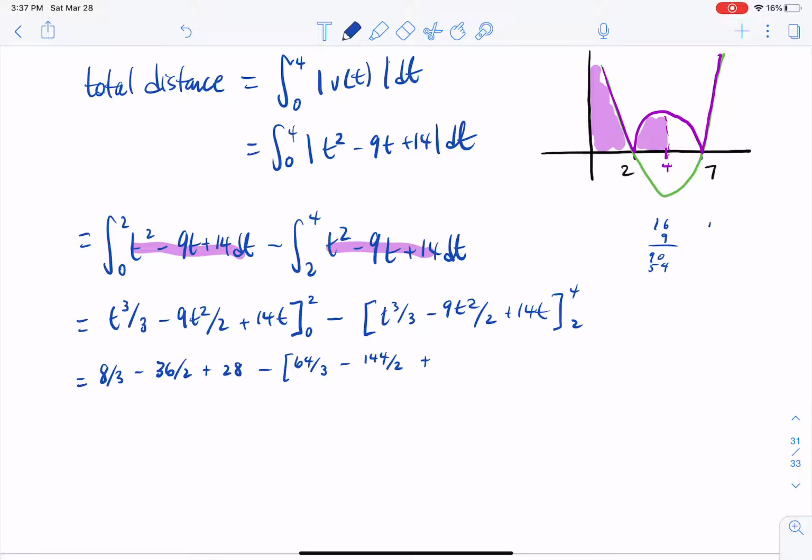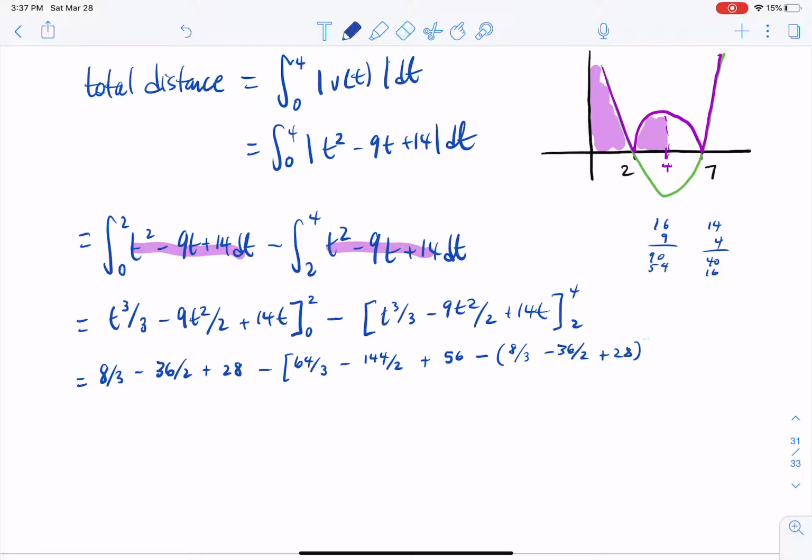Plus 14 times 4, that's 56. Okay, I've plugged in the 4. Now I have to plug in the 2, which we've already done. So I'm just going to subtract and then write this 8/3 down again. Minus 36 over 2. And then plus 28, close and close.